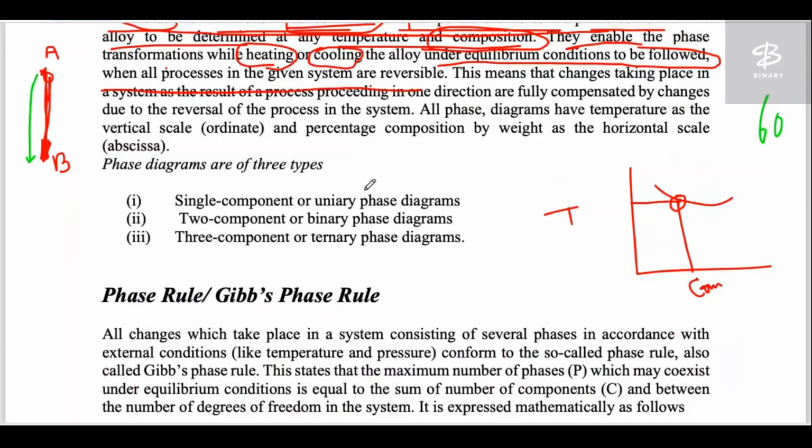So if you provide the heat, the temperature gets high, and then at the critical point when they have crossed, they have converted into a liquid. So what is the idea behind the reversible? If we extract the heat, as we have seen in the cooling curve, then they will cool down, and after some time they will reach the same state, the same conditions. This is known as reversible.